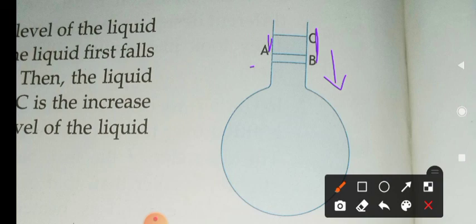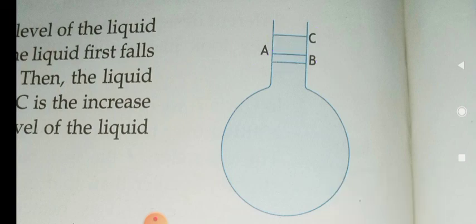The expansion of the vessel is AB. This part is the expansion of the liquid, that is C and B. Am I right, children? So totally from here to here we get the real expansion of the liquid. Do you understand? So real expansion equals expansion of the vessel plus apparent expansion of the liquid.